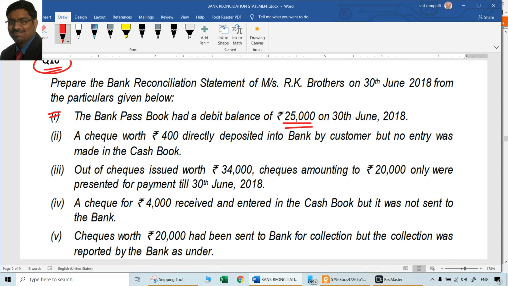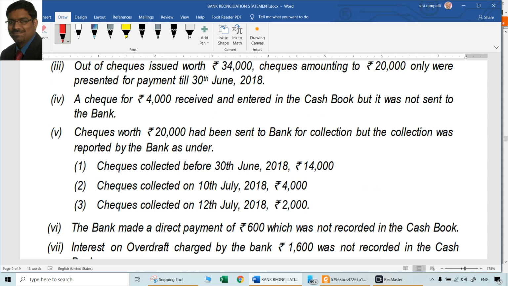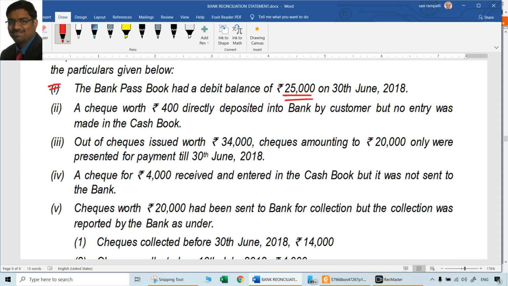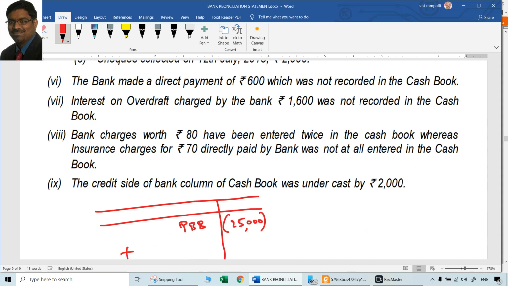10 marks question this is. So starting point 25,000 negative balance. Just leave it. Don't even think about the original balance. Everything afterwards has to be thought of separately. What we have to think is, because of this, first of all, where will the impact be? If the impact is already on the passbook, then we are okay with that, because that is the starting point for us.